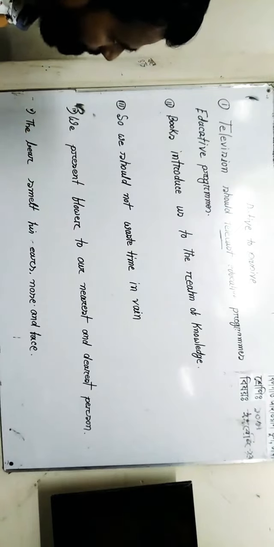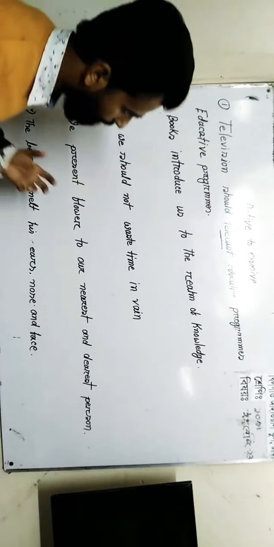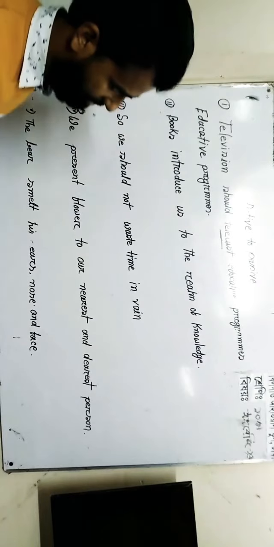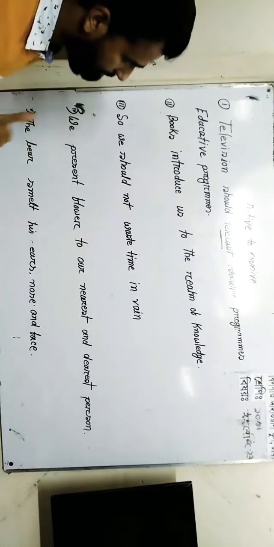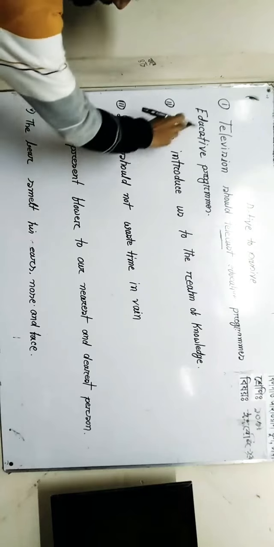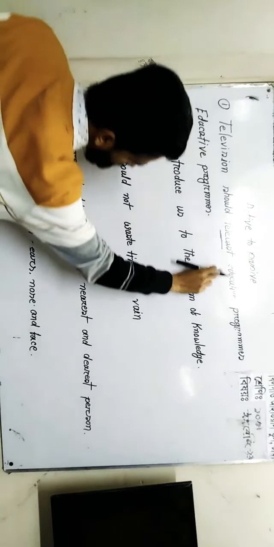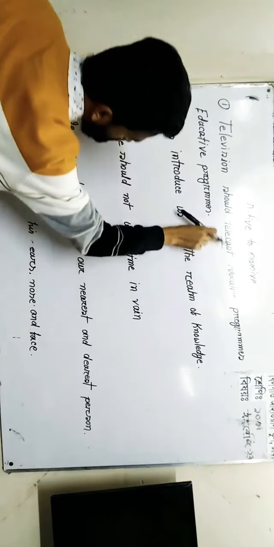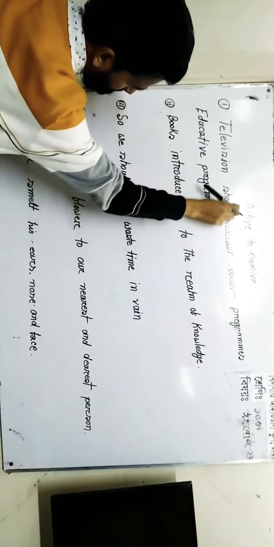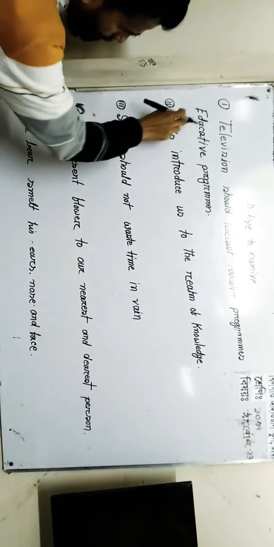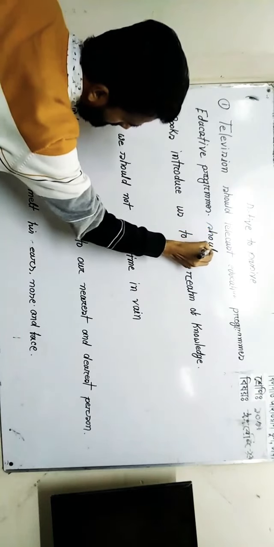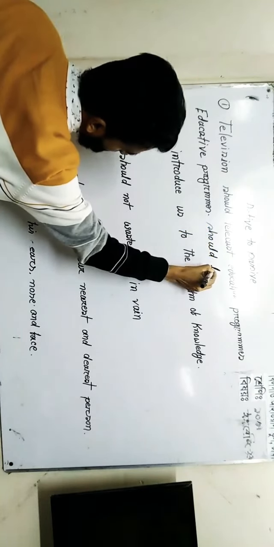According to my rules, in my previous class I taught you how to change active into passive. According to my structure, today I am taking this class. Television program is the object. It is present indefinite tense, so it's a modal auxiliary. So we have to write down: television program should be.